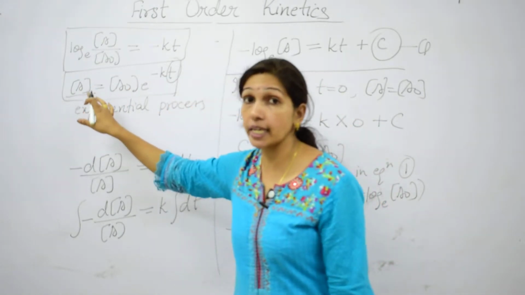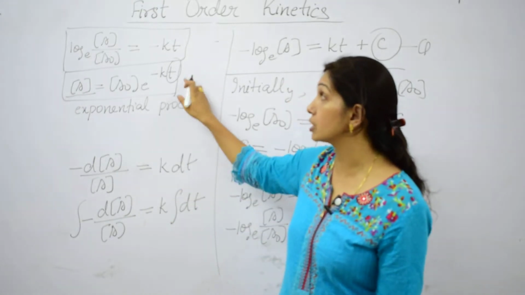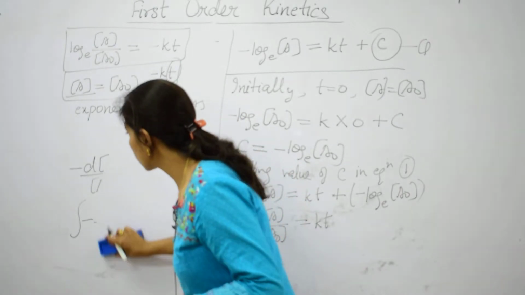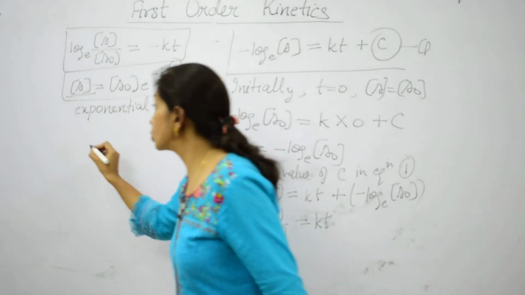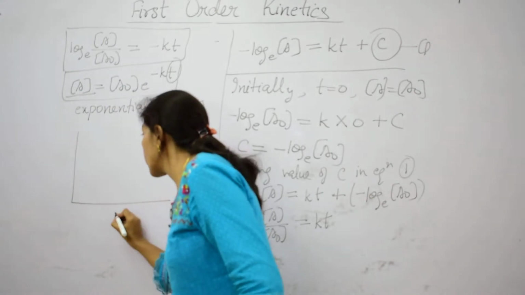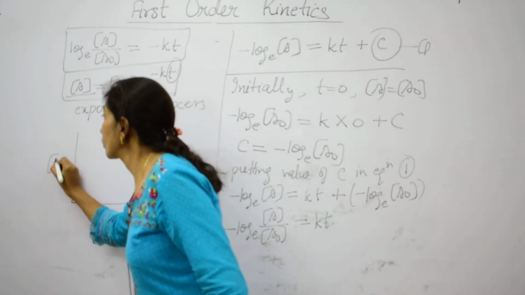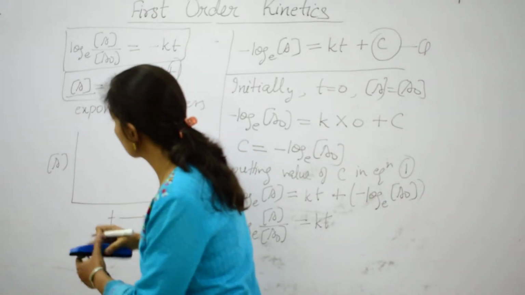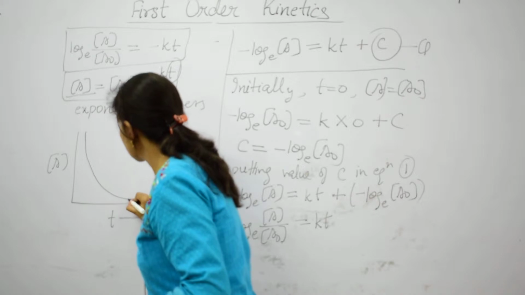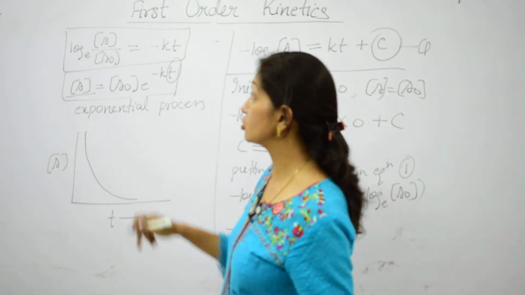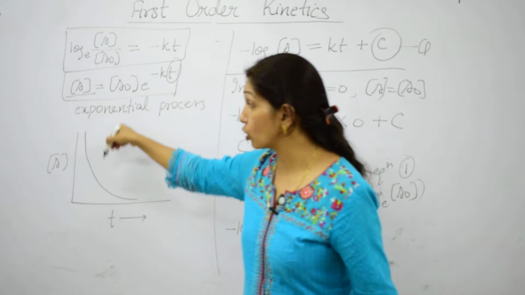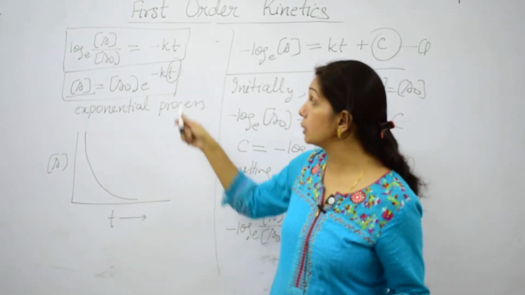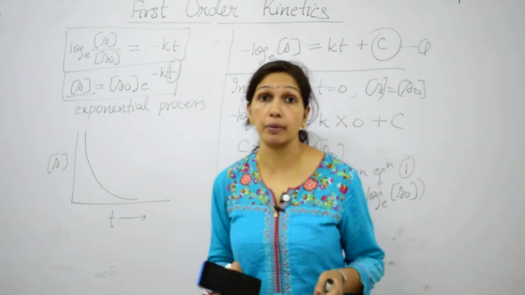So, if we plot the graph for concentration of reactant against time, it will decrease exponentially with time t. Concentration of reactant in first order reaction decreases exponentially with time.